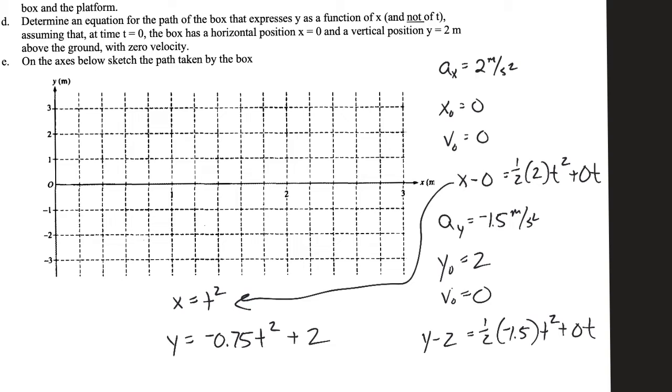By the way, this is what's known as a parametric equation. It's two equations that are based on the same variables. But by substitution, t squared equals x, so y equals negative 0.75 x plus 2.